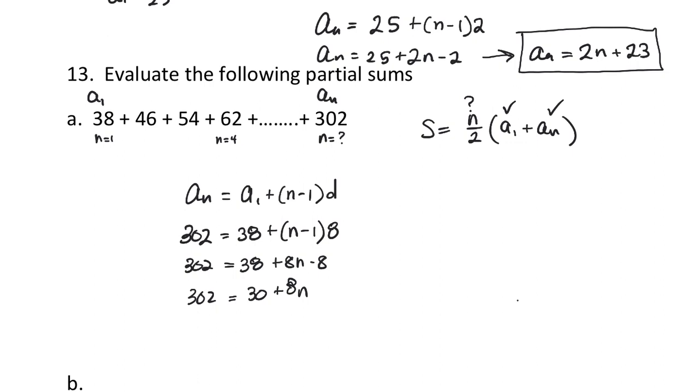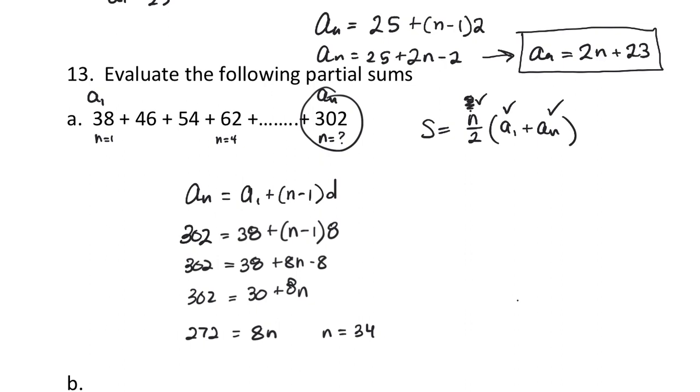Now subtract 30 on both sides. So this would be 272 equals 8n. Divide by 8, and we get n equals 34, which means that this is the 34th term in this partial sum. So we no longer have a question mark there.